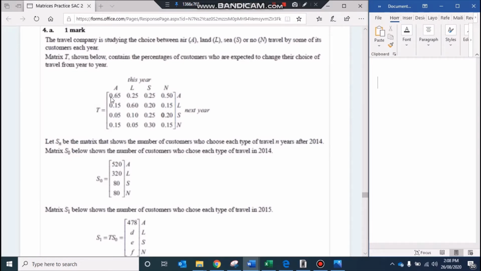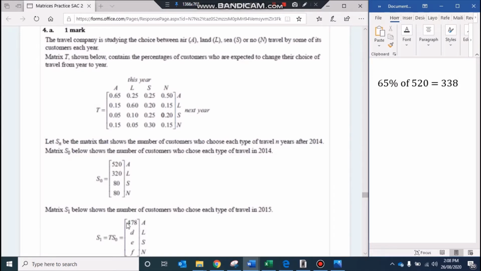65% of air travelers choose air travel again. So it's the intersection of A with A. So 65% of the 520 people will choose air travel again in 2015. Now, if you work out 65% of 520, it's 338.